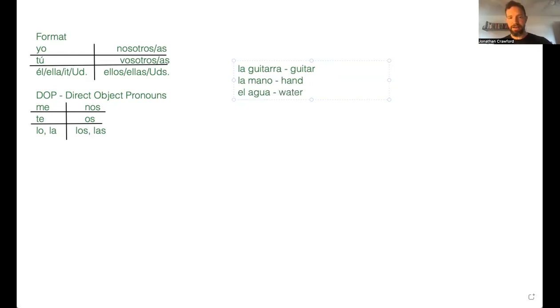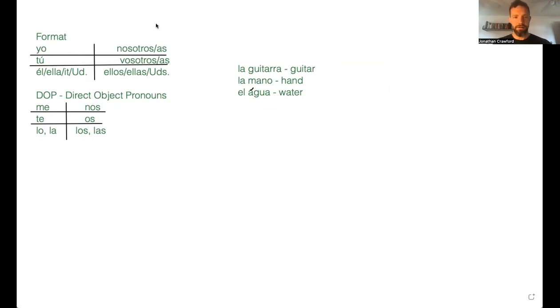It actually is feminine, but there's a rule in Spanish that you can't have la before a word that starts with an a where the emphasis is on that syllable. So agua has the emphasis on a. Therefore, you can't say la agua in Spanish.